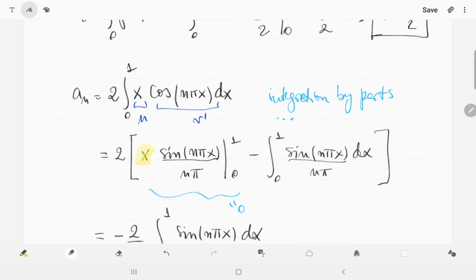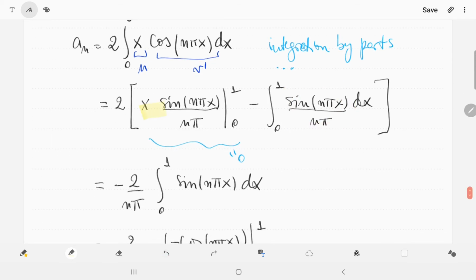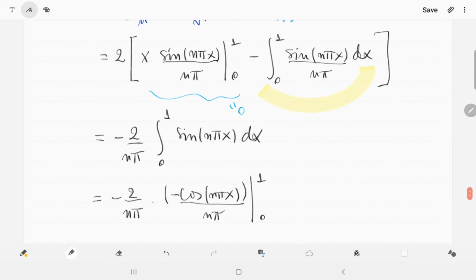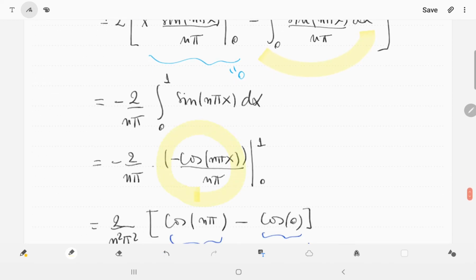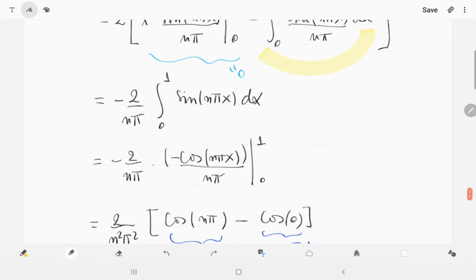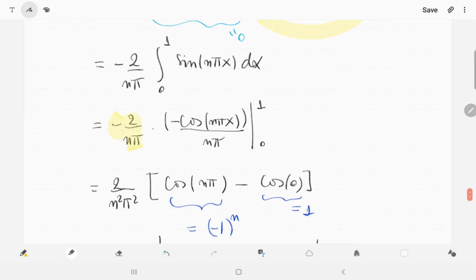And here we have u, and then u prime, which is 1. That's why there is nothing there. Computing here, you get 0. And integrating here, you get this, and we have this constant in the front.